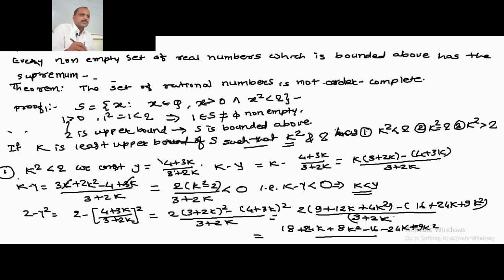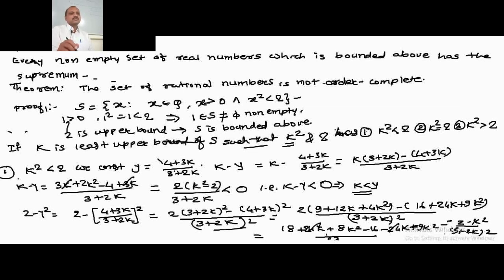Here 24k cancels, and 18 minus 16 gives 2, so we get (2 minus k square) divided by (3 plus 2k) whole square.